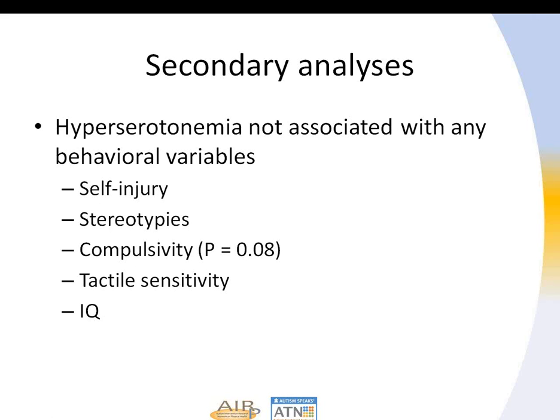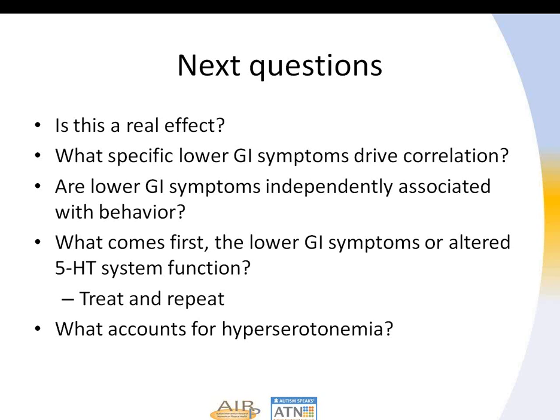So no clear relationship here, which honestly is quite similar to what's been seen in previous studies, where it's very difficult to pull out these behavioral variables, which perhaps makes the relationship with lower GI symptoms even more interesting, provided that it replicates in additional samples.